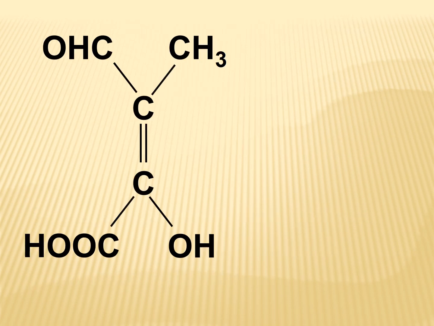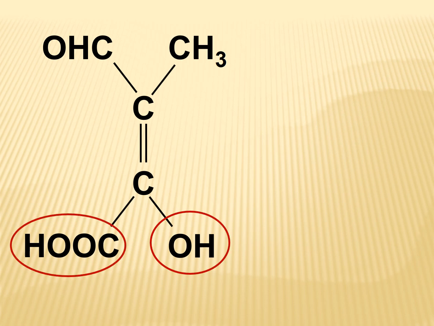Now if you look at this compound, these two groups, the OH group and the COOH group, are on one side of the double bond. The other two groups are on the other side of the double bond. So out of OH and COOH, which has more priority? We have to assign priority to these groups. Similarly, for CH3 and CHO, we have to assign which has more priority.